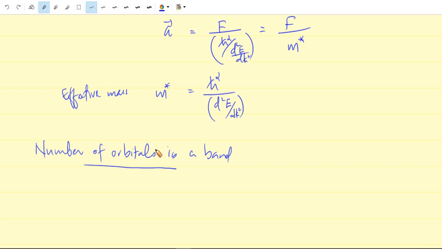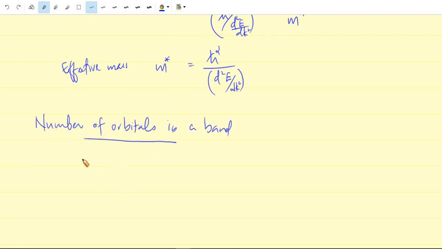So how many orbitals are there in each band? That is what we are going to discuss now. Consider a linear crystal of even number N of primitive cells with lattice parameter a. Let us consider a linear crystal.